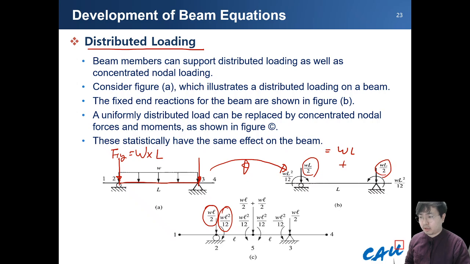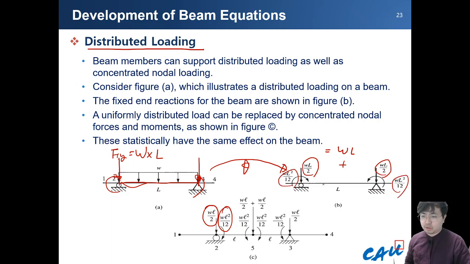However, these distributed point forces do not apply on the specific nodal point, so they have some moment arm, and these forces generate some reaction momentum. So we should add those kind of momentum.